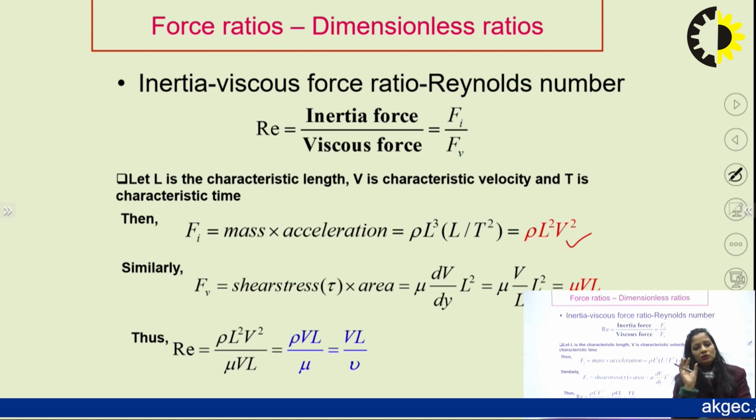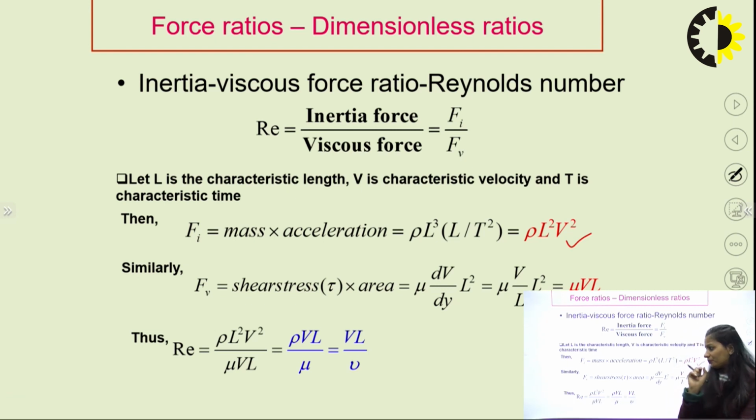So in any kind of fluid flow phenomena which is having shear stress, there must be a viscous force also. How are you going to calculate that particular viscous force? It's just simple, by multiplying shear stress to area. So what is your shear stress? Mu du by dy, and area you can write as L square.